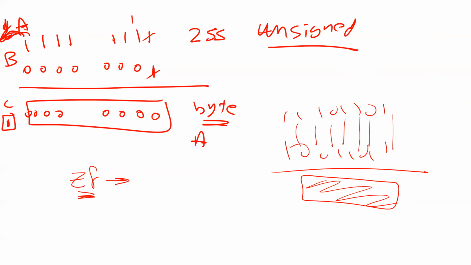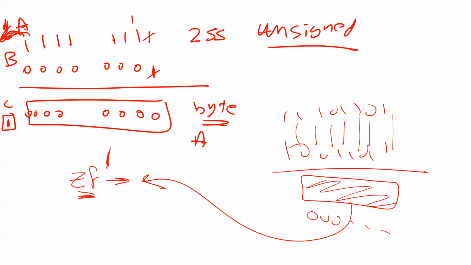Very simple. I look at the result. If the result is 0, meaning all the bits are 0, then the zero flag has to be 1. Very simple. That will be a question. I'm going to give you two numbers and ask what the values of the flags will be if the computer adds them. So the zero flag is easy. All you have to do is normal addition, bit by bit.